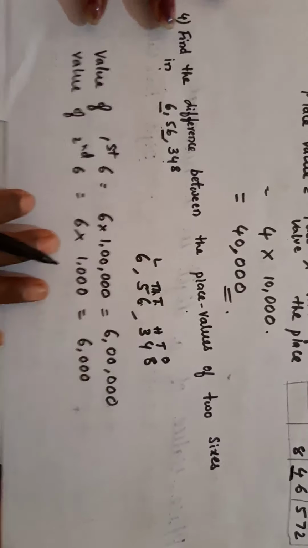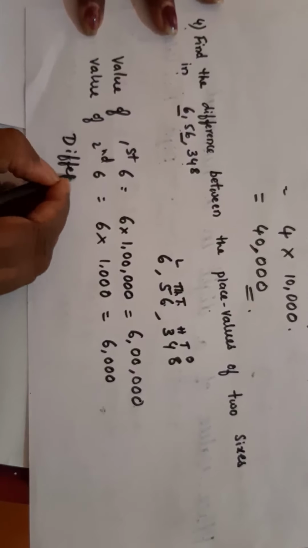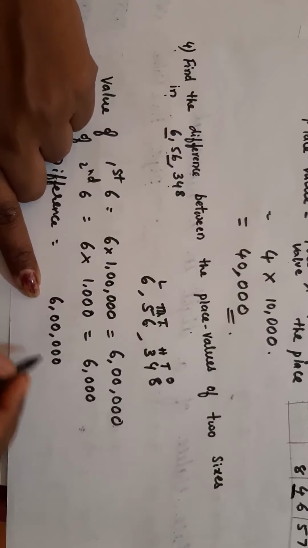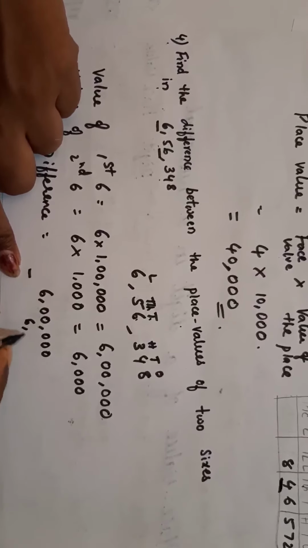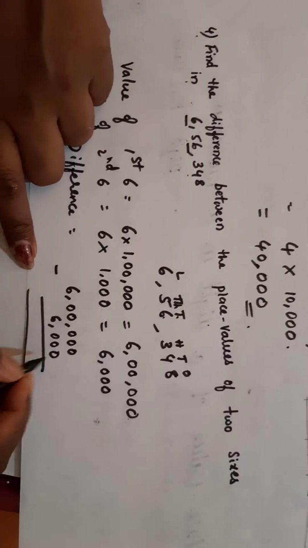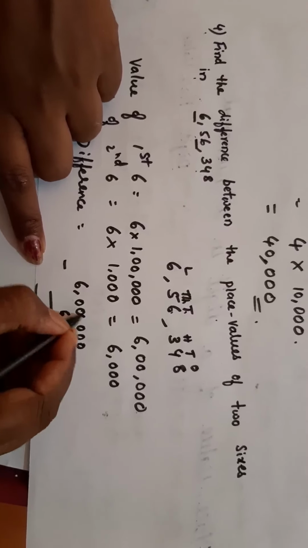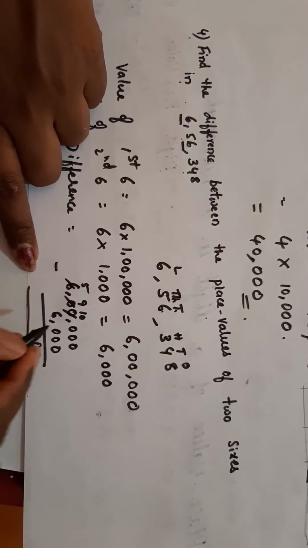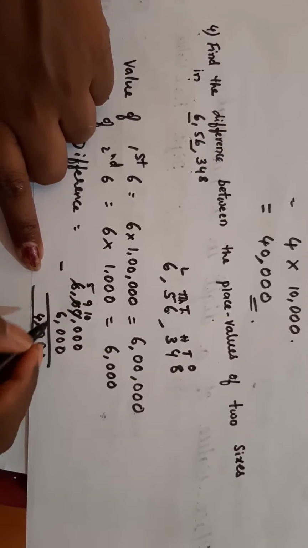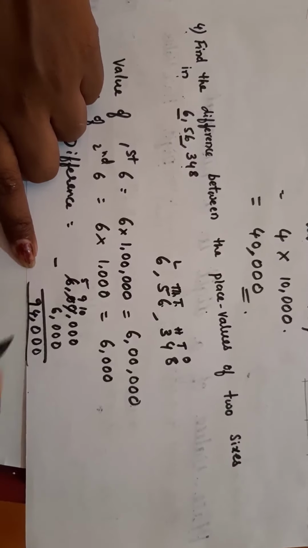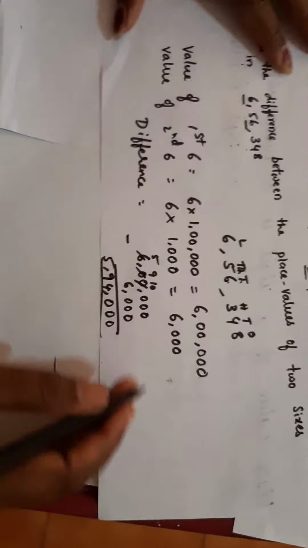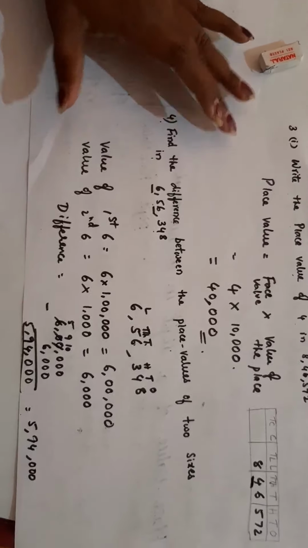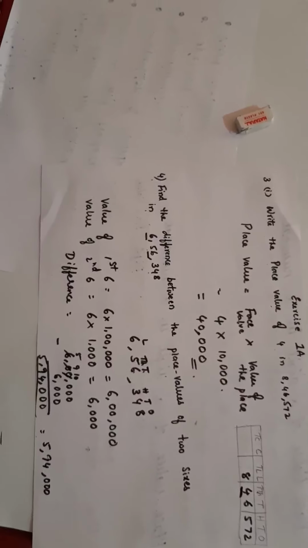Now the difference is 6 lakhs minus 6,000. So the answer is 5,94,000. Like this you have to find out the place values.